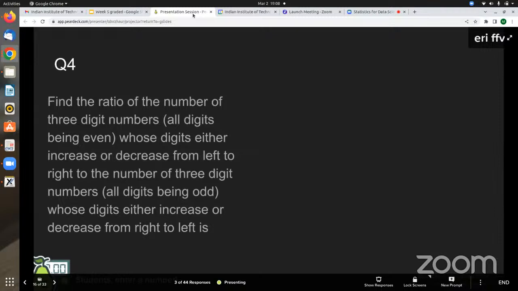Like that, you have to select either increasing or decreasing, both ways, and total it. In that way, even numbers increasing, and odd numbers also increasing and decreasing. How many possible ways can you create? Yeah, like that. Okay, got it. Thank you.